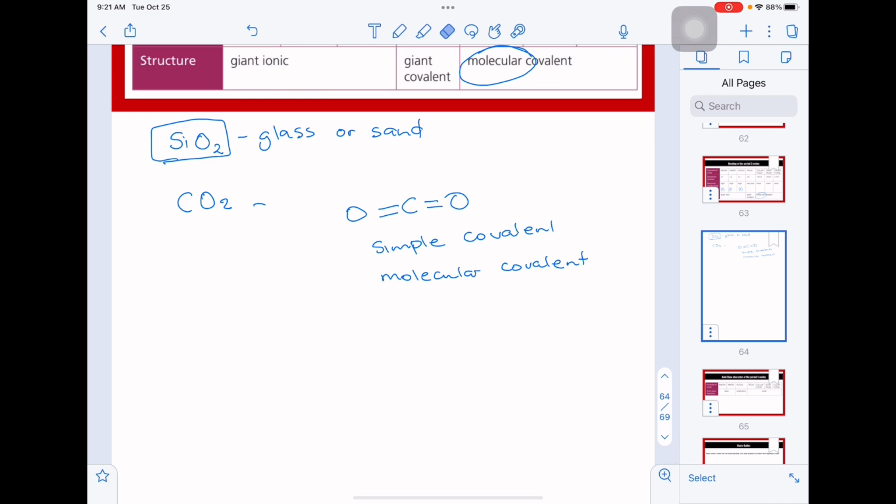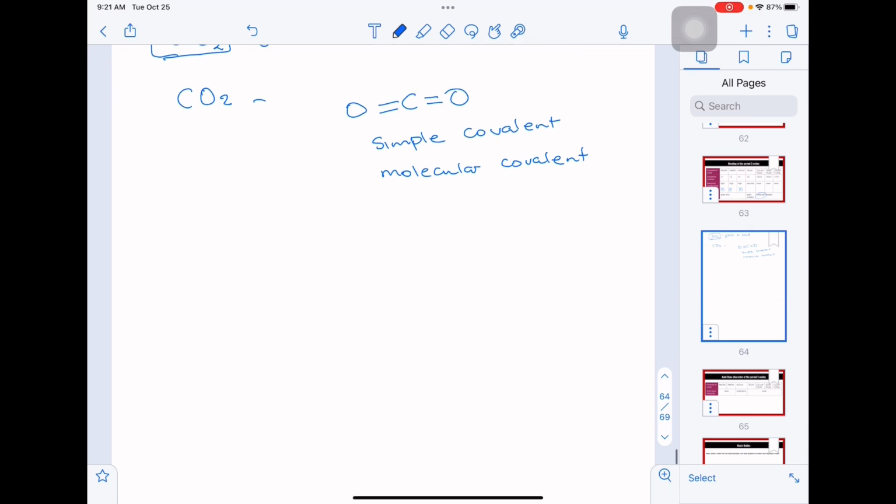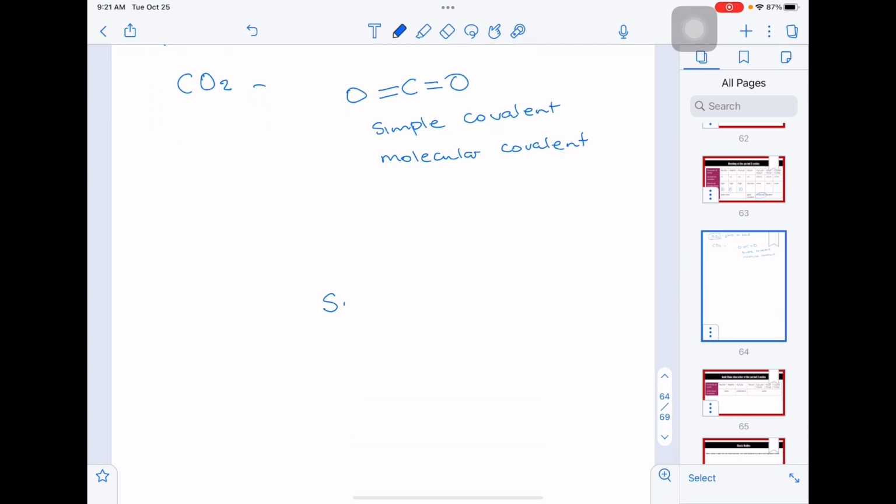Okay. On the other hand, silicon dioxide, if you draw it, you have silicon. Silicon is joined to 4 oxygens. Okay. So it looks like it should be silicon tetraoxide because tetra is for 4. But each oxygen is connected to another silicon. So each oxygen is connected to 2 silicons, and each silicon is connected to 4 oxygens.